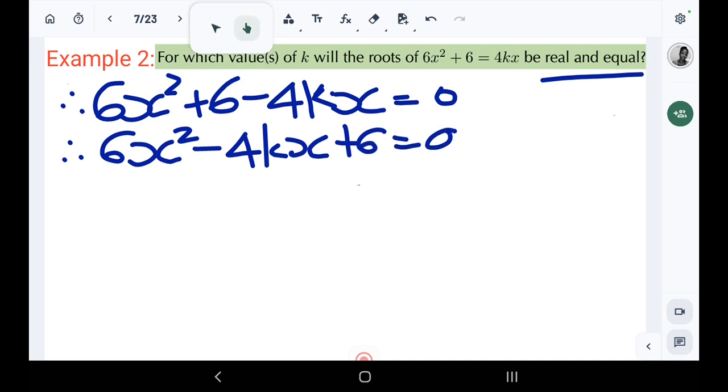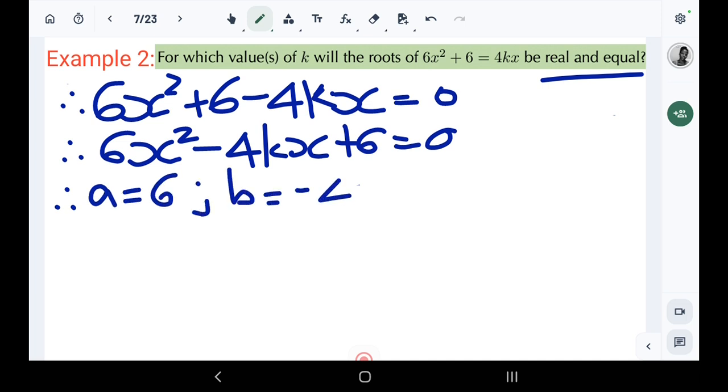Now it is in standard format, ax squared plus bx plus c. Our a equals 6, our b equals negative 4k, and our c equals 6.